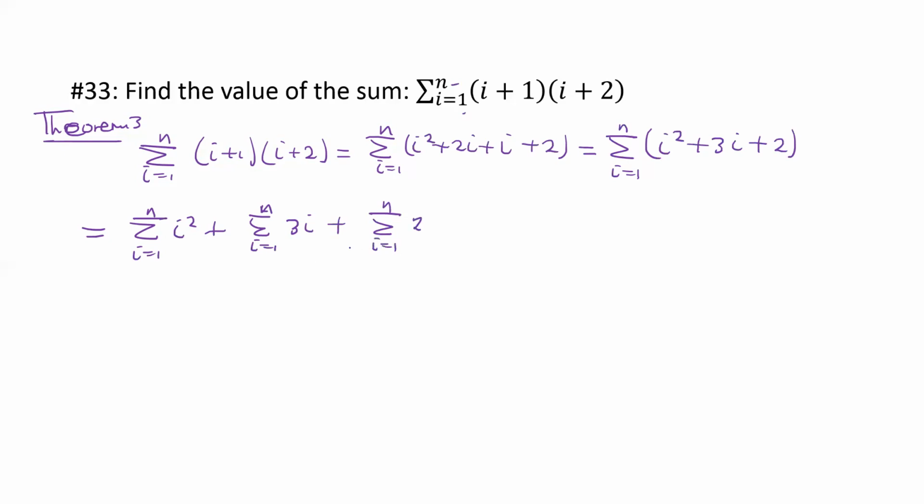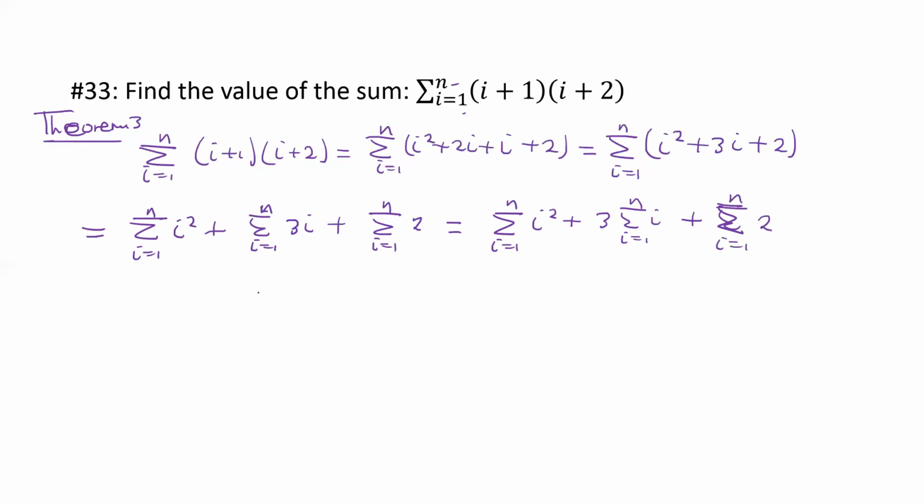So what will that give us? The sum of i squared, plus 3 times the sum of i from 1 to n, then plus the sum from 1 to n of 2.